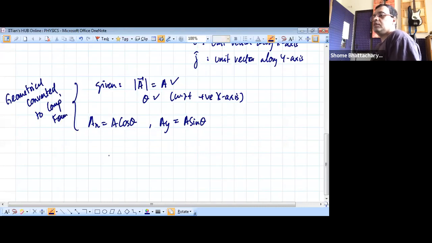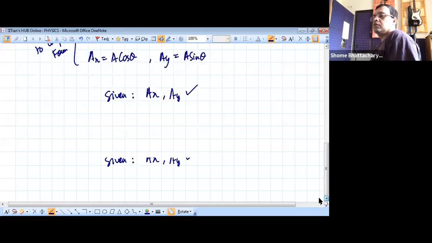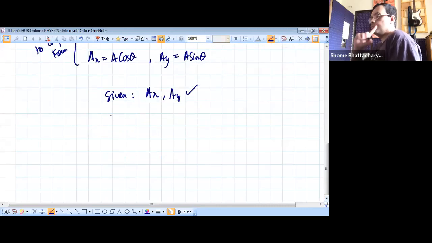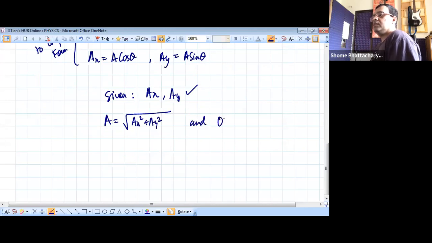Where similarly, if Ax and Ay are known to us, and we want to express it in geometrical form, or we want to find the magnitude. So the magnitude of the vector becomes root of Ax square plus Ay square, and theta becomes tan inverse of Ay by Ax.